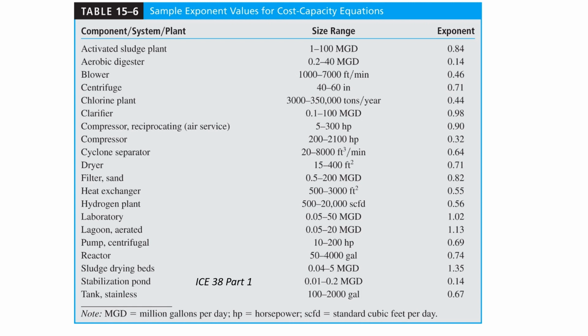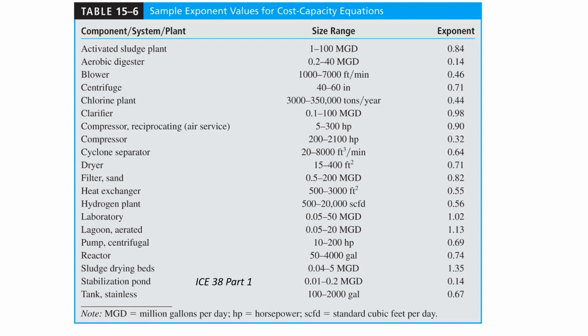So with the correlating exponent of 0.14, that's the same correlating exponent that we just had. That means you can quadruple your size for just a little bit more money. But the closer the correlating exponent is to 1, like a clarifier, you don't get much of a discount with the clarifier for doubling the size.